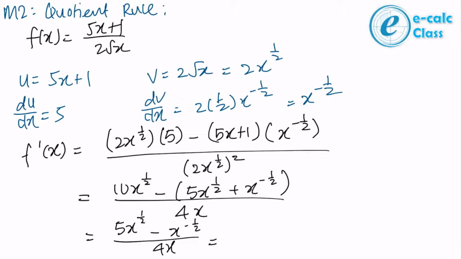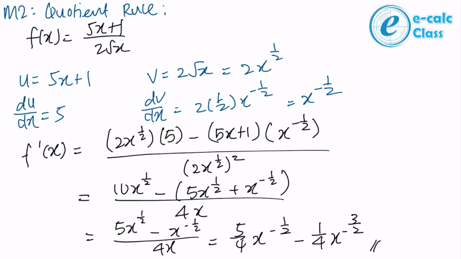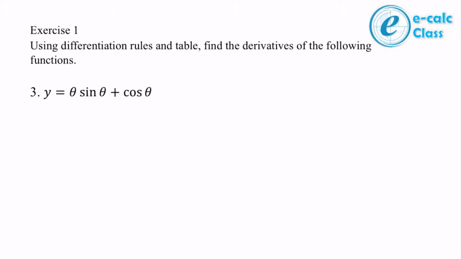Simplify your indices: 5 over 4, x to the half minus 1 is negative half, minus 1 over 4. Negative half minus 1 is negative 3 over 2, which is the same as just now. Very nice. Then moving on to the third question.